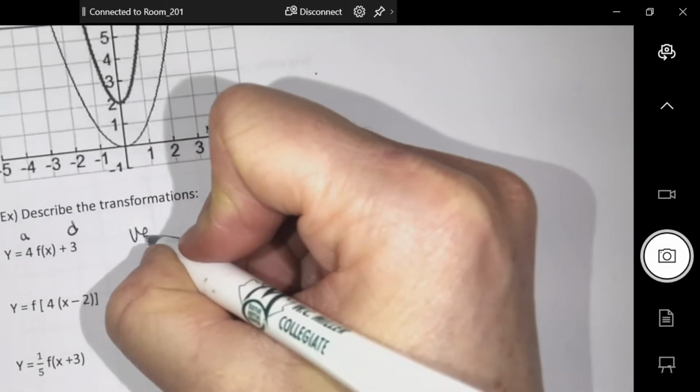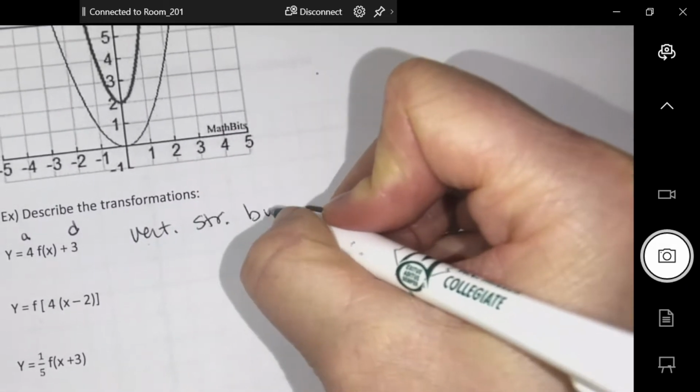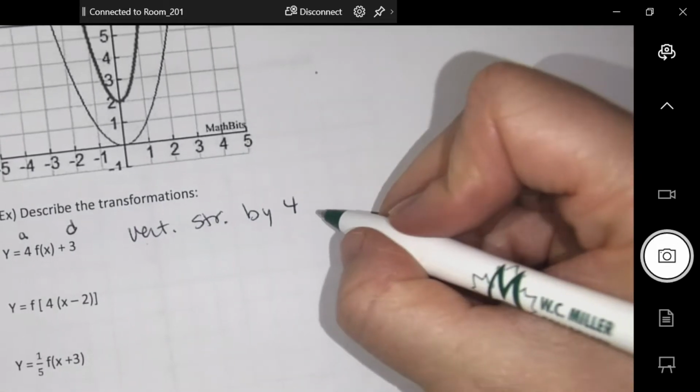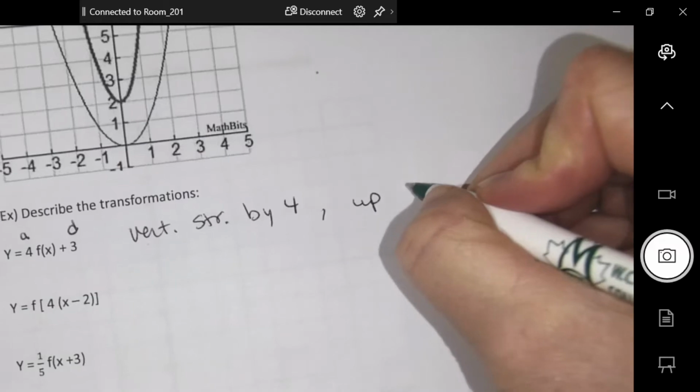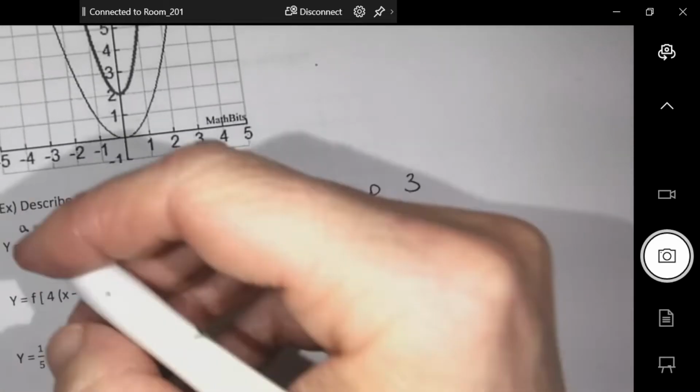We did a vertical stretch by 4, followed by up 3. Vertical stretch and then up.